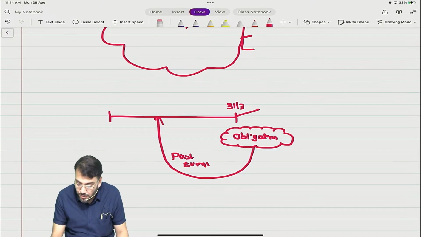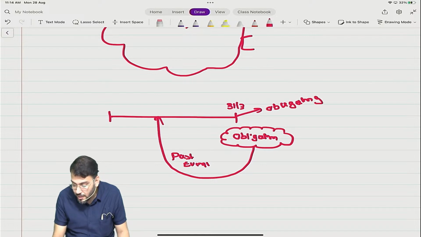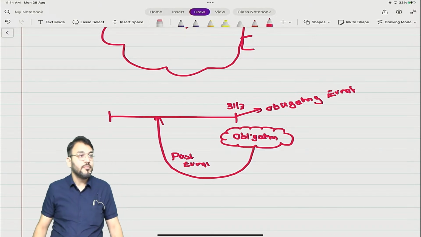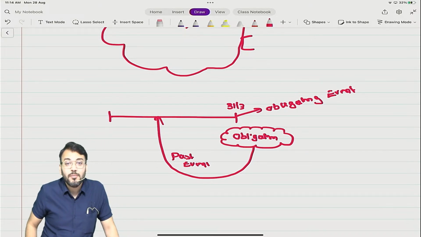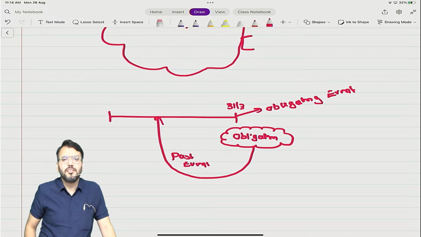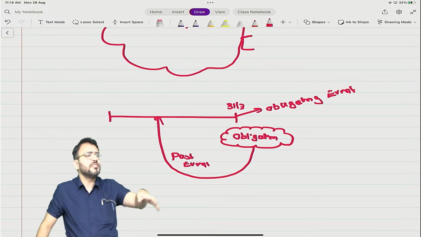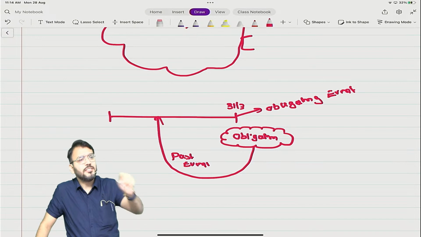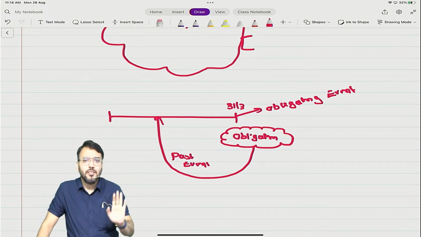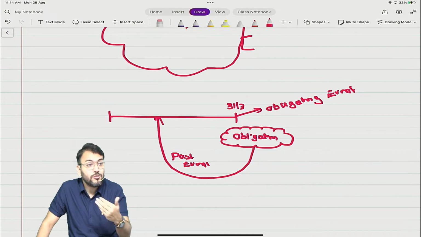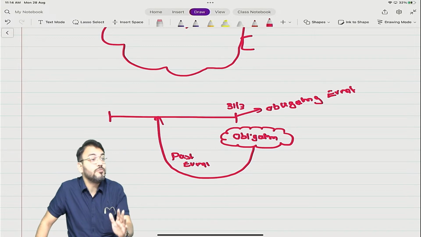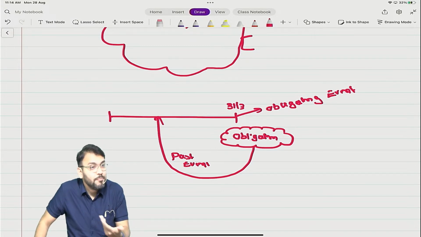So we call it what? Obligating event. The objective of this chapter is to first find out the obligating event. All past events will not give rise to an obligation on the balance sheet date. There are some past events for which the obligation is already expired, already settled. So we are not supposed to consider such an obligation which does not exist on the balance sheet date.